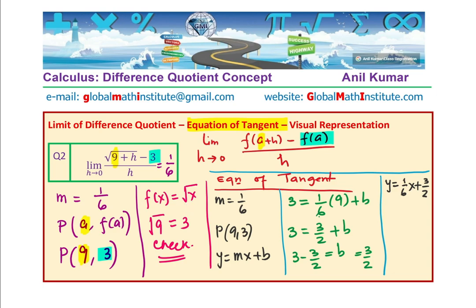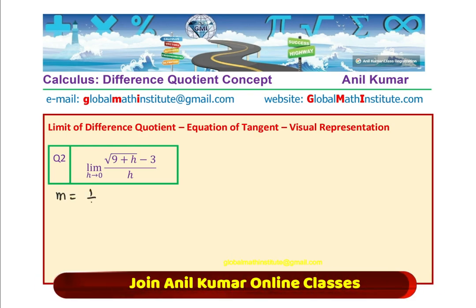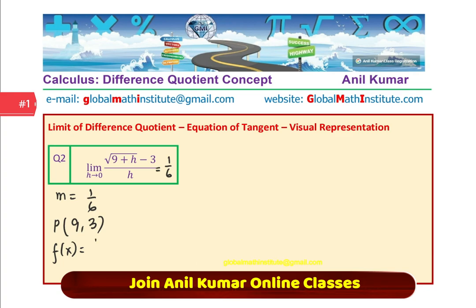Let's try to visualize this now. Once again, the gradient m is 1 by 6, since that is the value of this difference quotient. The point of interest is (9, 3). The function, of course, is the square root of x. And the equation of the tangent line is y equals 1 over 6 x plus 3 by 2.